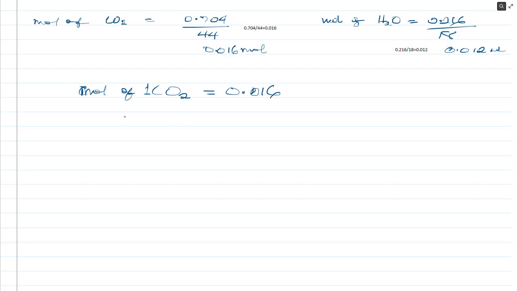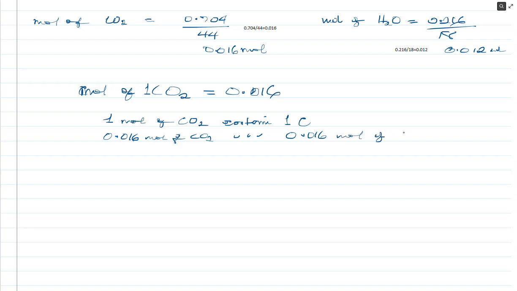So if 1 mole of CO2 contains 1 carbon, it means 0.016 mole of CO2 contains 0.016 mole of carbon.